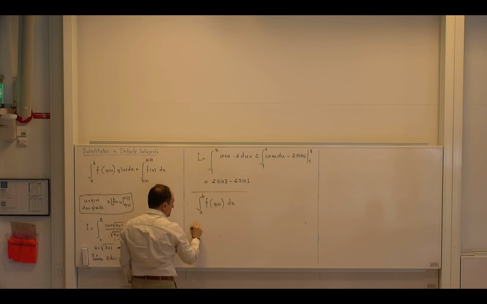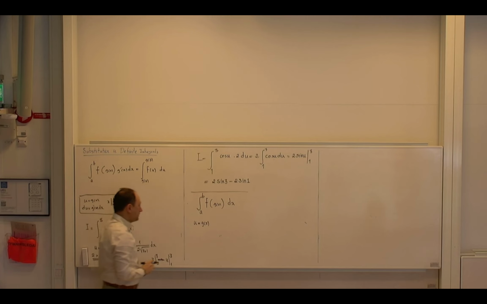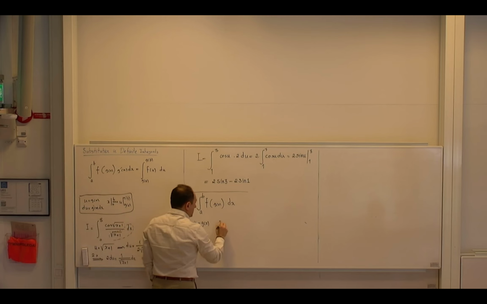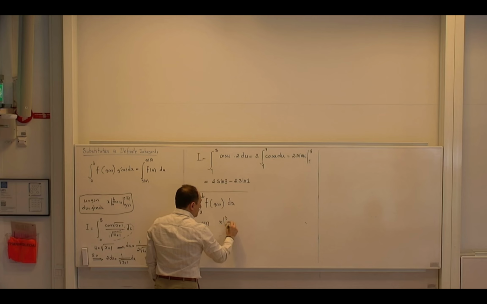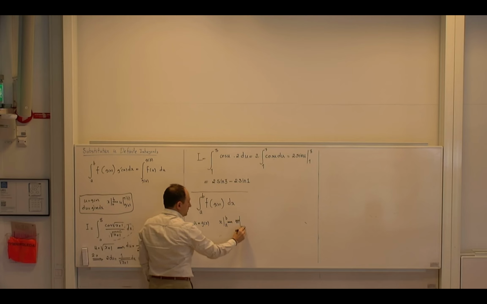You might say, okay, let us take u to be g of x. Let us pretend nothing strange happens. For the limits, I don't have any problems, because x goes from a to b. What do you think u will go? U goes from where to where? Replace x with a, replace x with b. So that's not a big problem.